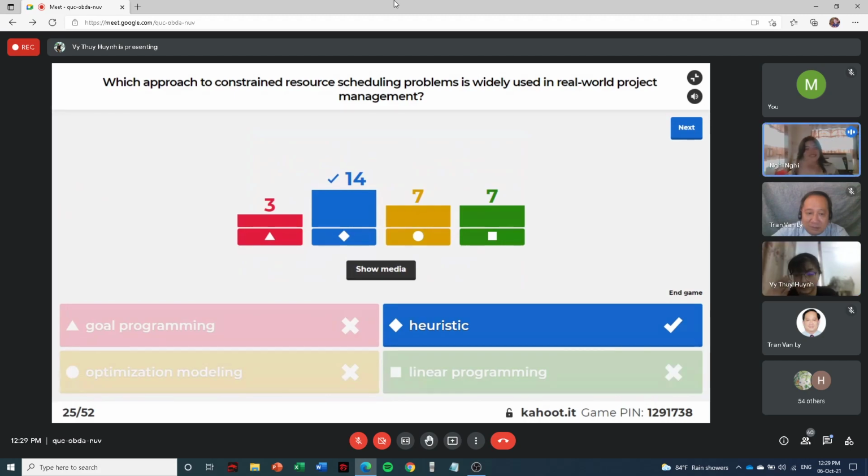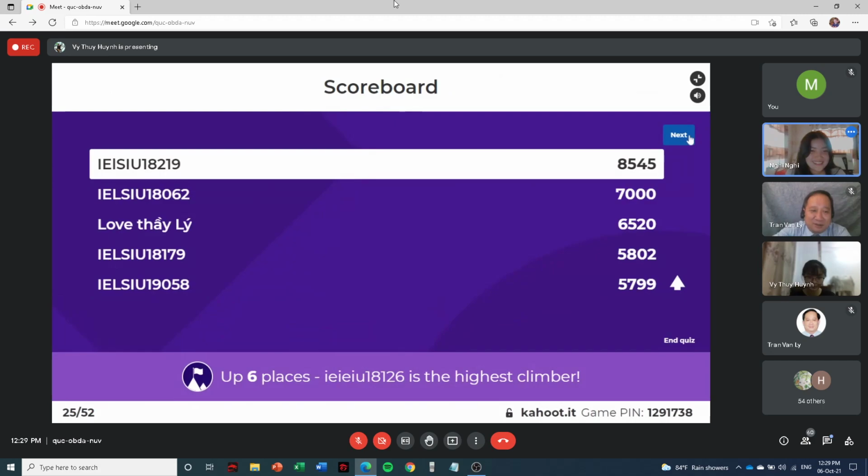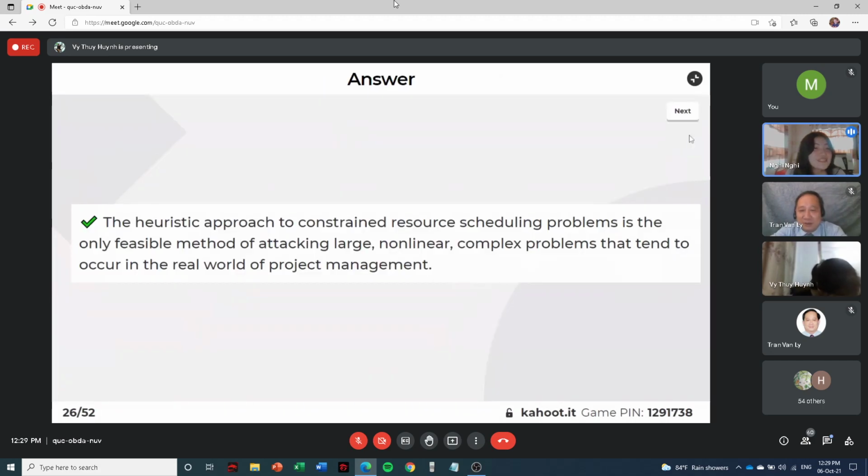Yes, it's heuristic, guys. Okay, next. The heuristic approach to constraint resource scheduling problems is the only feasible method of attacking large, nonlinear, complex problems that tend to occur in the real world of project management.